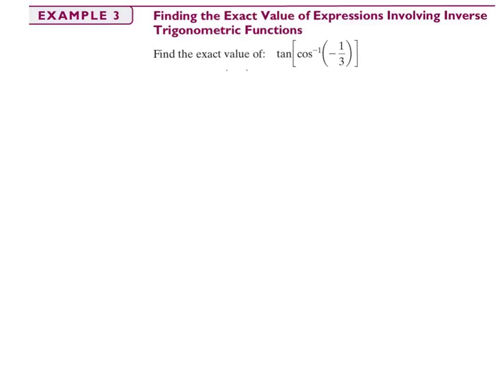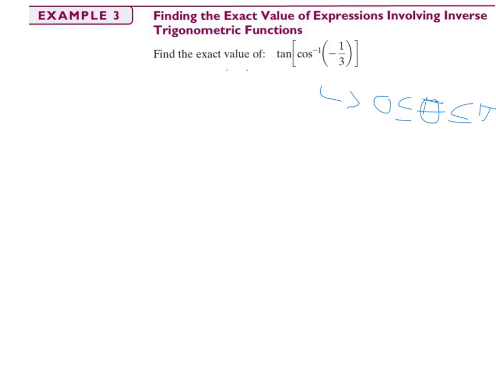So for this example, it says find the exact value of tangent of cosine inverse of negative 1/3. So cosine inverse, remember that's defined on the interval from 0 to pi.